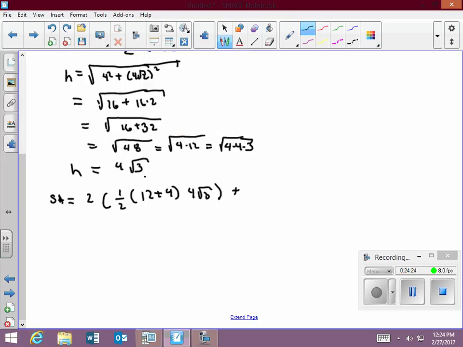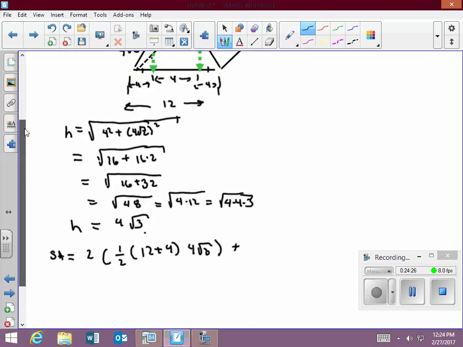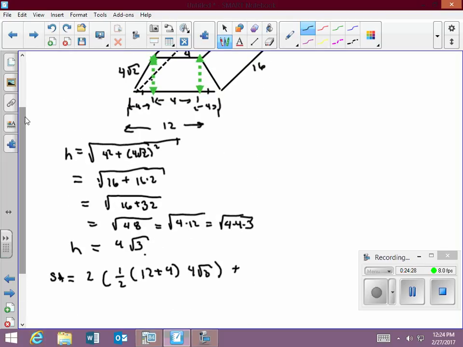plus the perimeter. Perimeter is 4 plus 12 plus 2 times 4 square root of 2. And then that's times the height, 16.